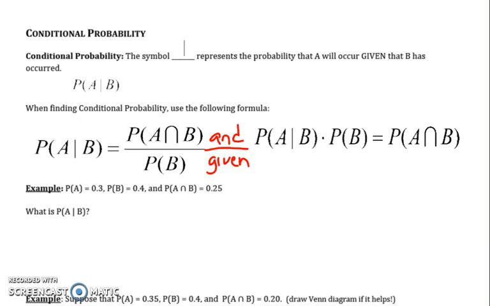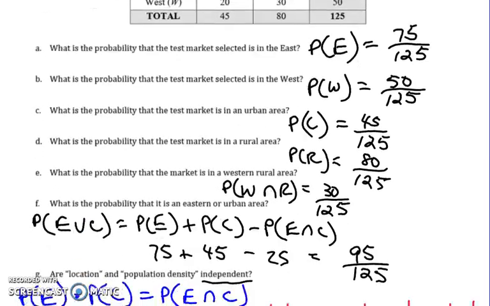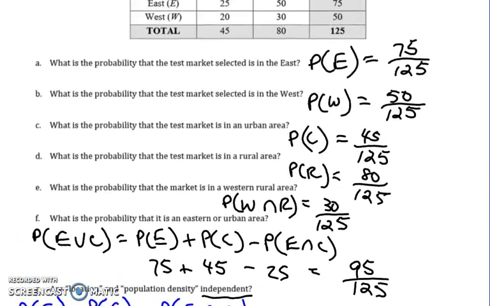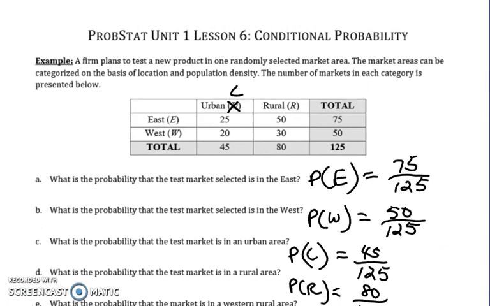Okay? So if we look at this example, going back to your first page, we have the probability of it being urban given that it's in the east. So we're going to look at it mathematically and simply by looking at the table. If we simply look at the table, then we are only going to look at the row for the east.